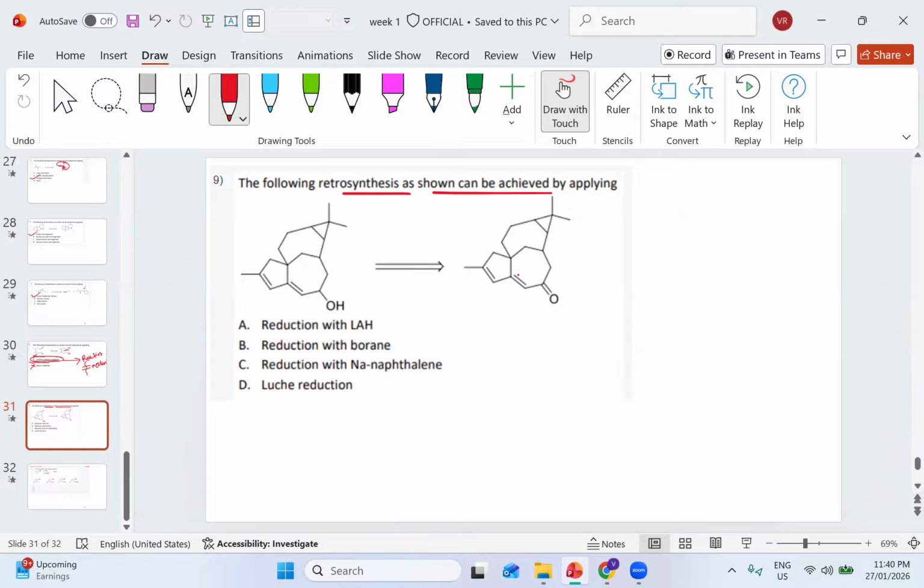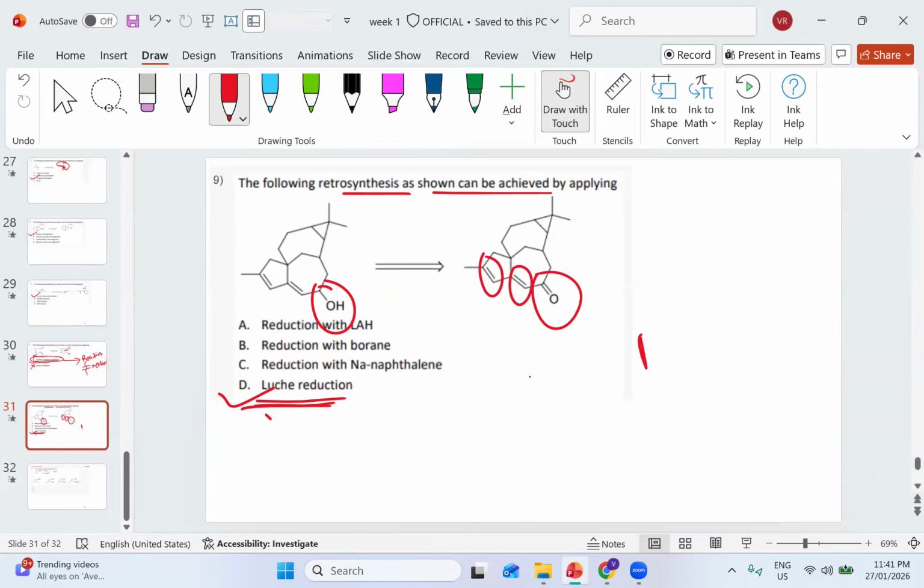As I have mentioned, if you add the cerium salt with NaBH4, that will be the Luche reduction, and that can selectively reduce this ketone to the alcohol very selectively, instead of doing addition or giving the side product on addition to these double bonds.